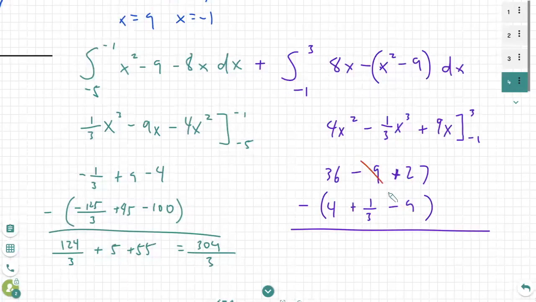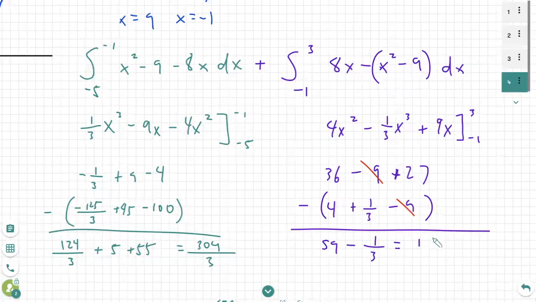Let me see, 176 over 3. So 36 plus 27 is 63, minus 1/3... which is 176 over 3.